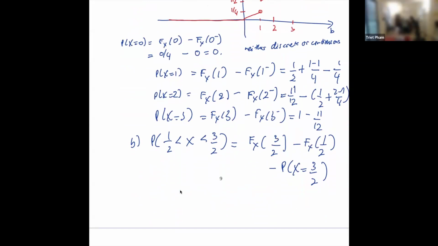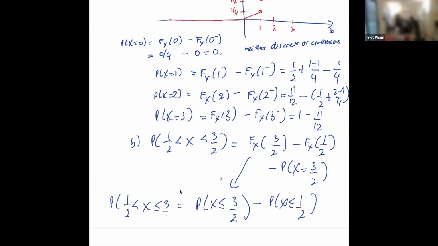F_X at 3/2 is probability X less than or equal to 3/2, and F_X at 1/2 is probability X less than or equal to 1/2. So a priori, if we subtract these two, what we'll be getting is probability 1/2 less than X less than or equal to 3/2, which is not this, in form. So you have to subtract that one, to make sure they're equal.